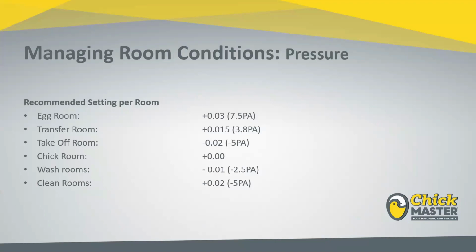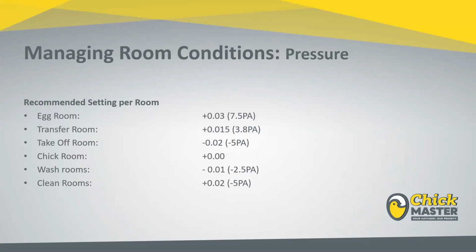And I want to point out that while we recommend it to be negative 0.02 or negative 5 Pascal, a lot of times you go into hatcheries and you'll find that this room may be negative 0.1 or negative 30 Pascal. And if you keep it too negative, it can pull a lot of fresh air from the entire hatchery, and it can negatively influence your ability to maintain positive pressures in any rooms connected to this.